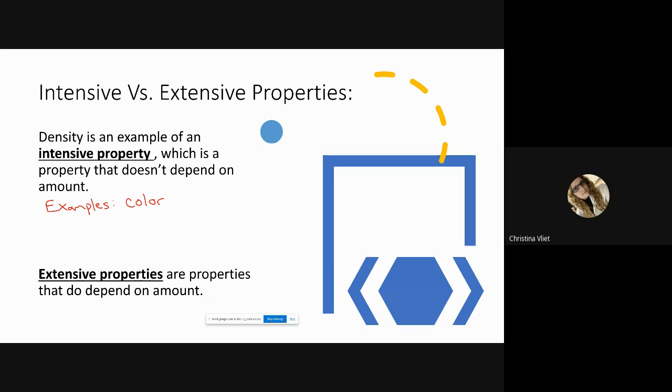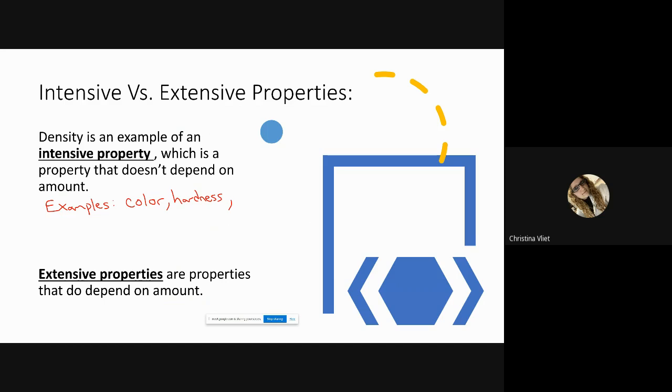There's another one for materials, how soft or how hard they are is also. And so there's something called hardness. Or what else? It's the same idea, yes.